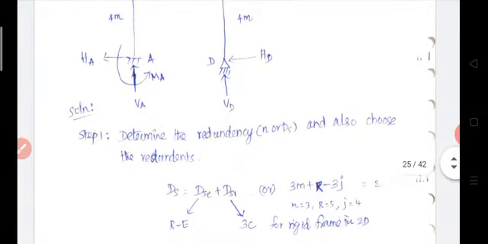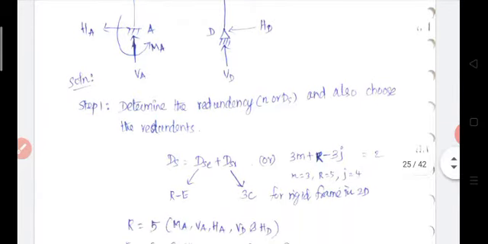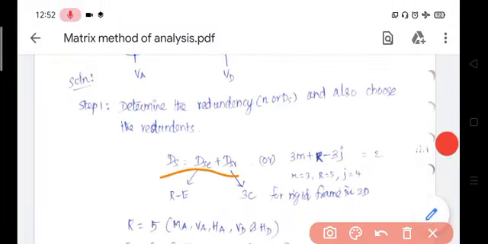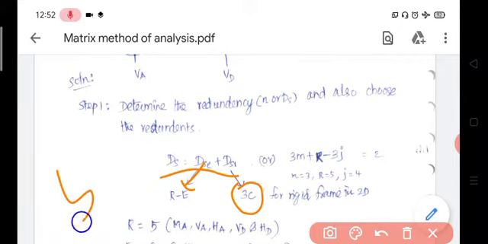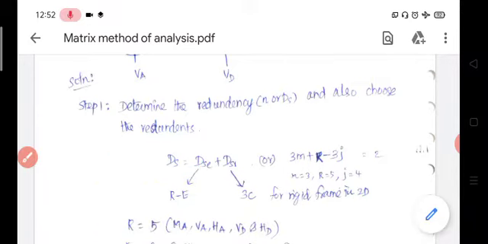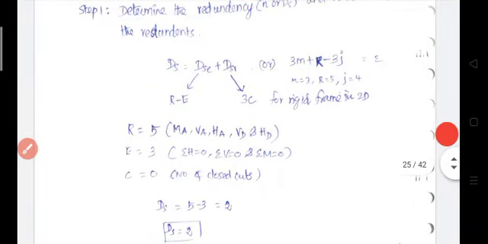The degree of static indeterminacy is equal to external indeterminacy plus internal indeterminacy. This is the general formula. External indeterminacy depends upon support reactions and available equilibrium equations. Internal indeterminacy depends upon the number of closed cuts, which is 3C. In this problem there are 5 unknown reactions: Ma, Va, Ha, then Vd and Hd.